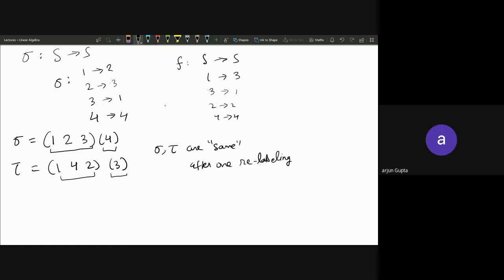And what's the relabeling? 1 goes to 1, 2 goes to 4, 3 goes to 2, and 4 goes to 3. They have the same structure.